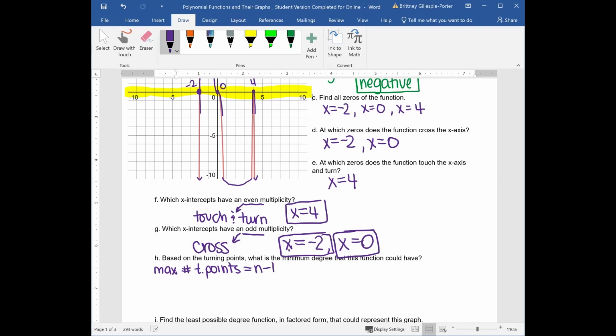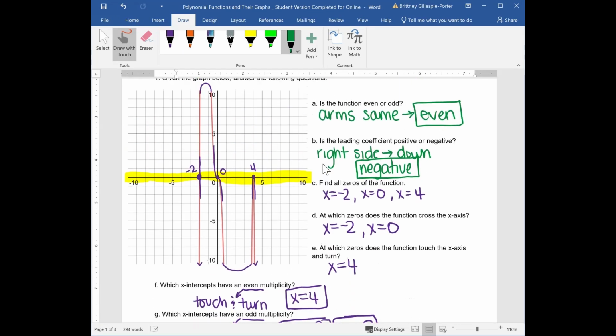If we solve this equation for n, the degree becomes our turning points plus 1. So if we want to get from our degree to max number of turning points, we subtract. But if we want to go from number of turning points back to the minimum degree, we add. So let's go and look for our turning points.